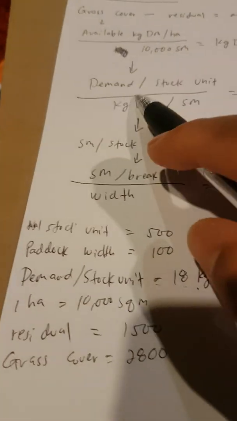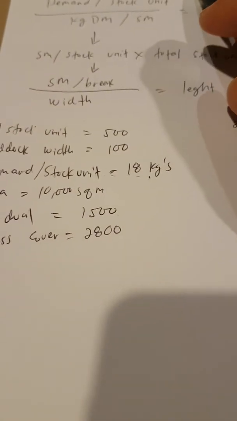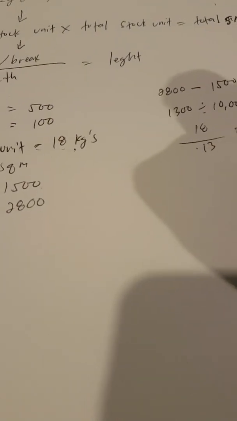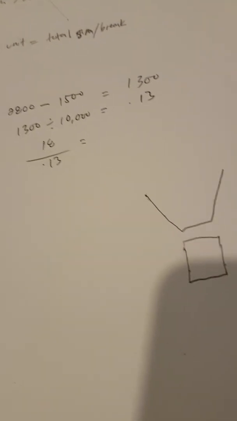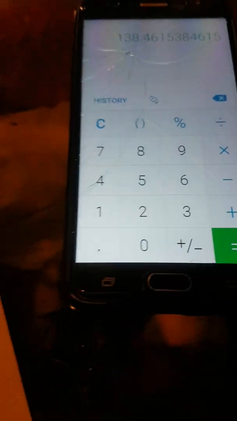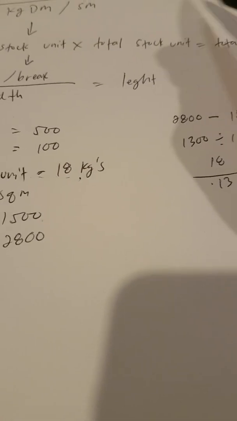Next is your demand per stock unit, which is 18 kilos. So we go 18 divided by our kilogram dry matter per square meter, 0.13, equals 138.46. And that's the square meter per stock unit.